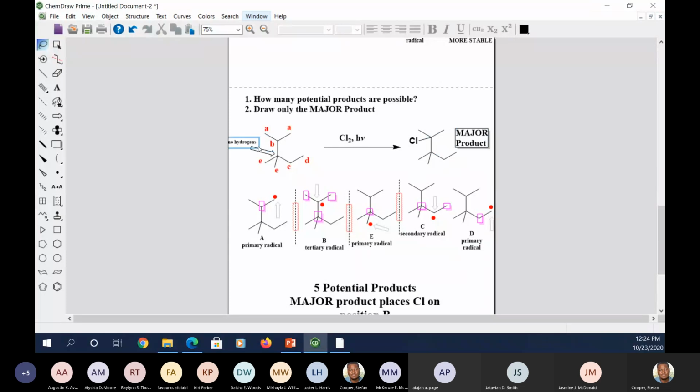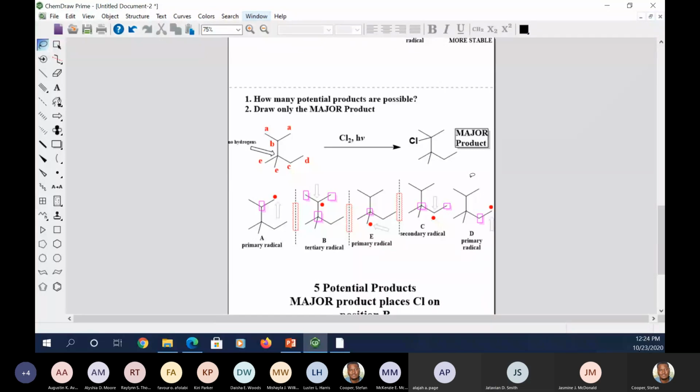What happens when I do a halogenation and form this compound? This compound now is reactive. We start to talk about that. All right, before we leave, can you guys name this molecule? What's the parent chain?